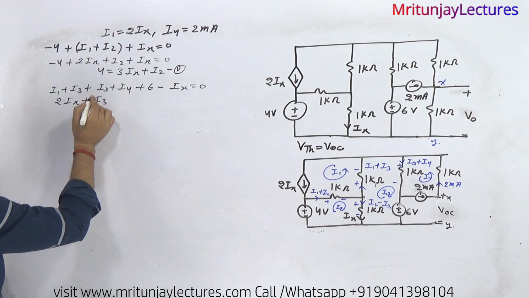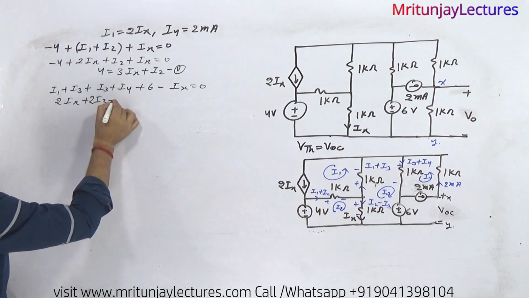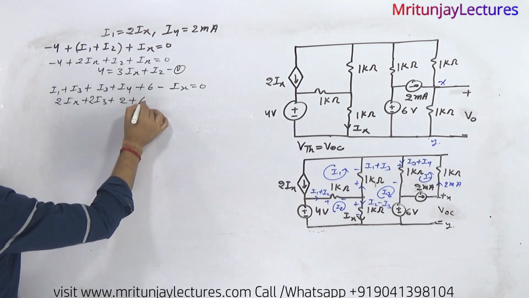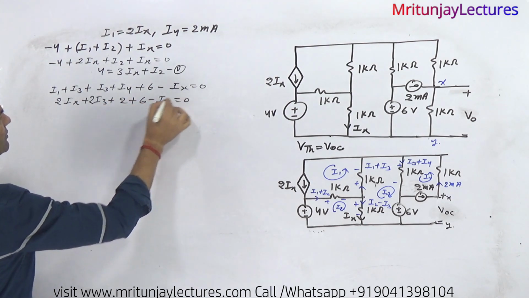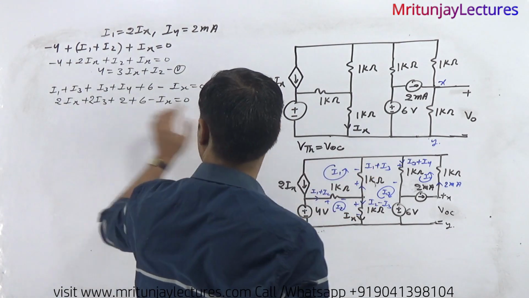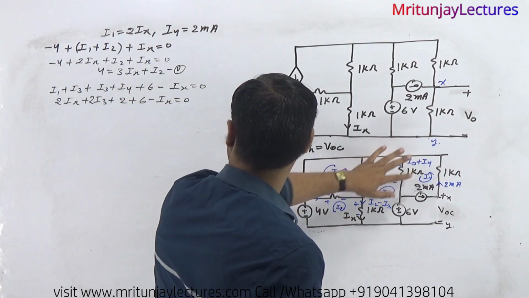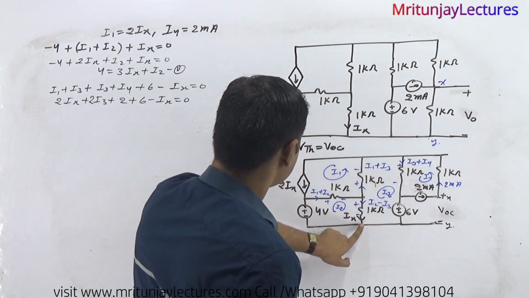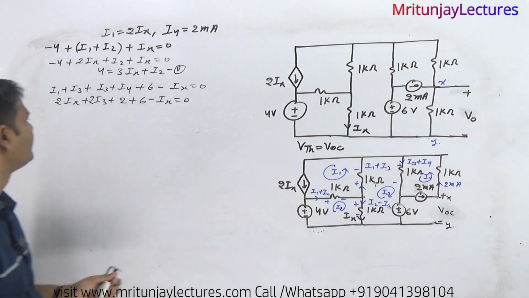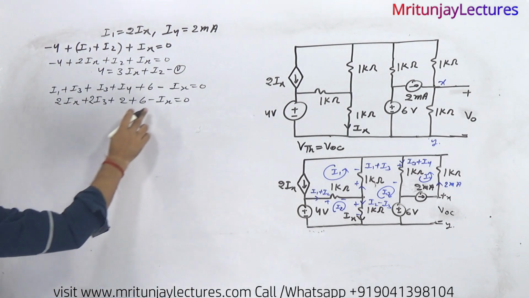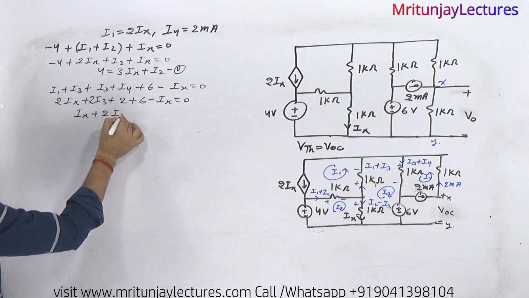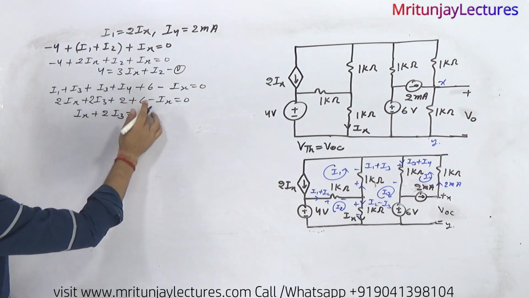So I3 plus I3, 2I3. What about I4? I4 is 2 and here 6, here Ix. Clear or not? Very simple. So that is Ix plus 2I3, this is equal to minus 8.